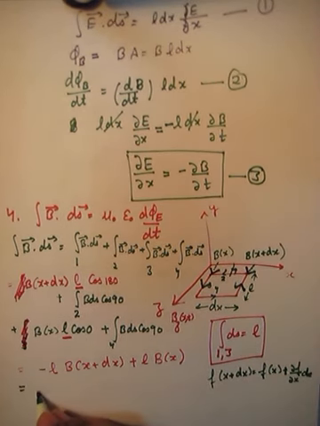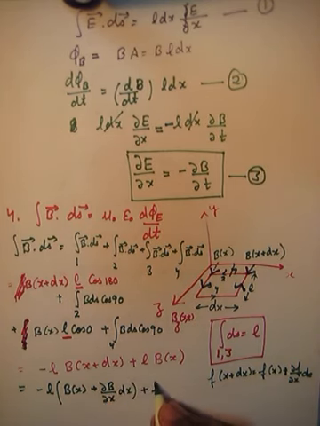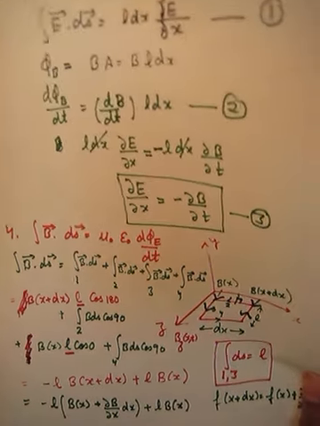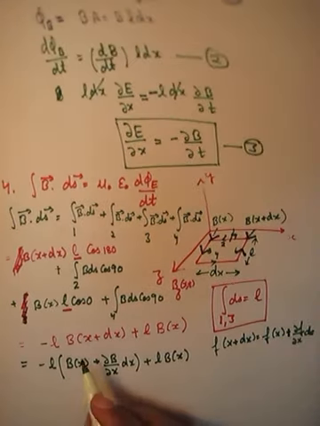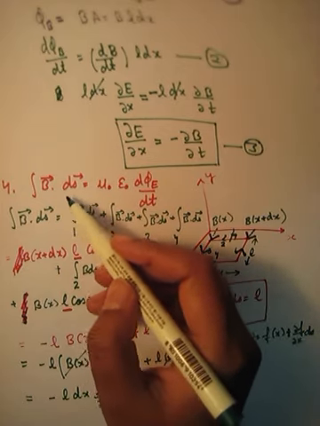So we can write it as minus L b of x plus ∂b/∂x dx plus L b of x. So this term and this term will cancel, and what we are left with is this. So this is the left hand side of the equation.